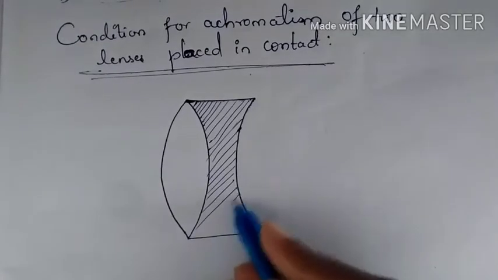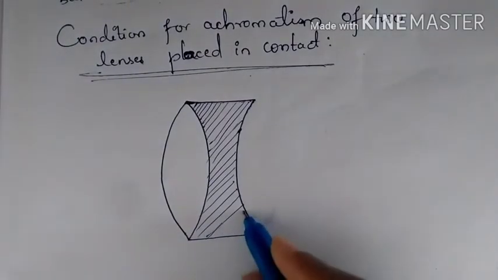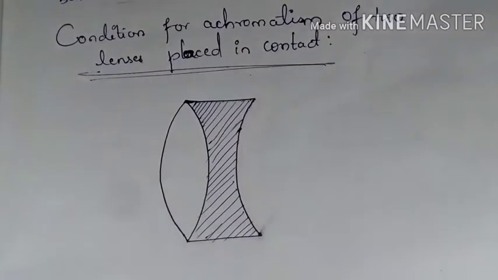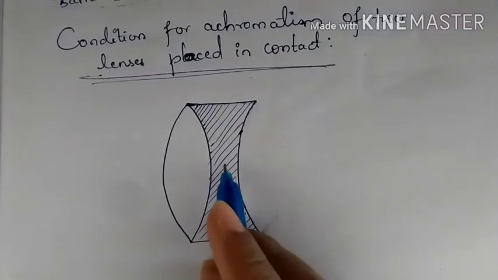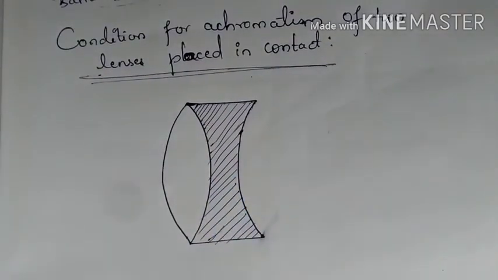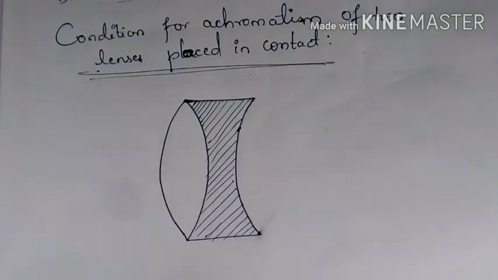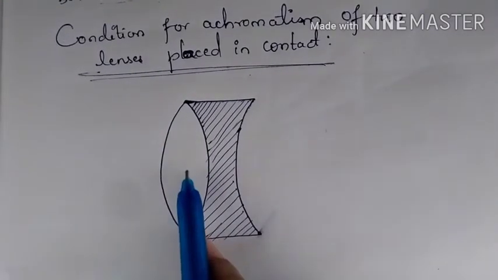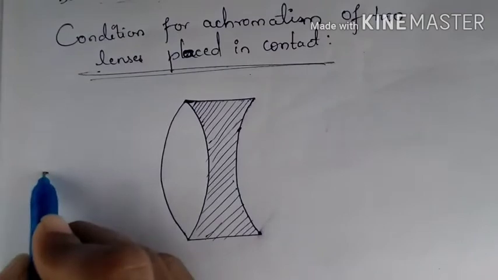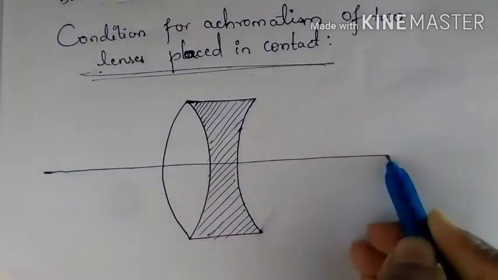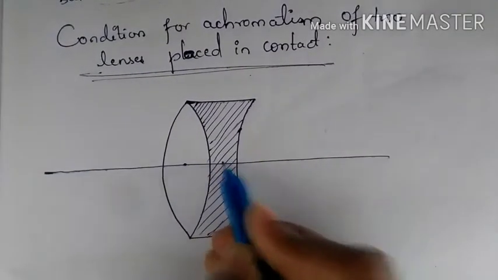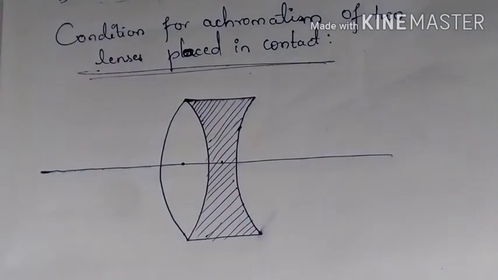This is the concave lens, made up of a different material compared to the convex lens. Let us draw the principal axis that passes through the center of both the lenses.